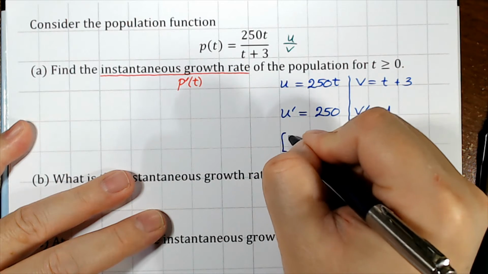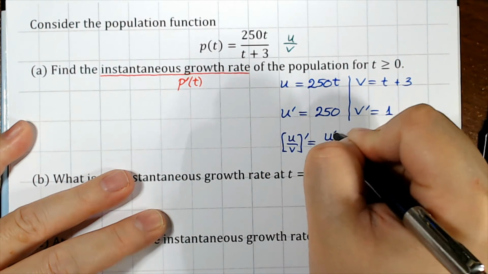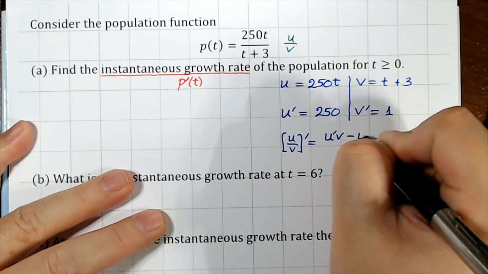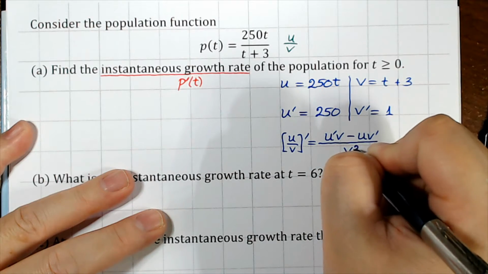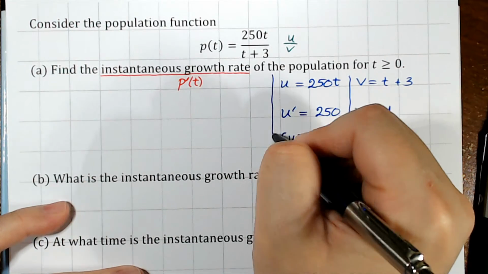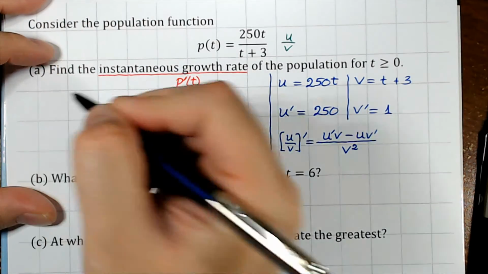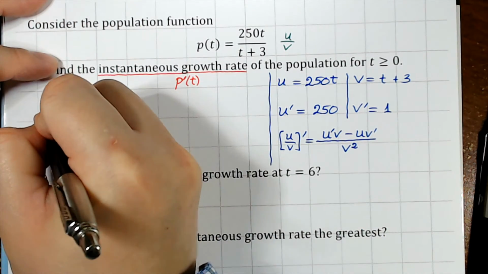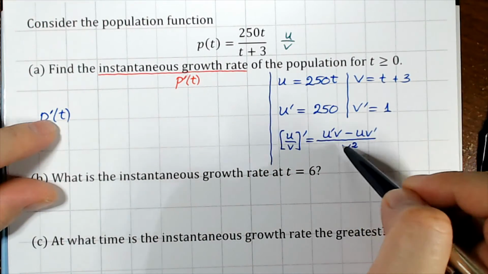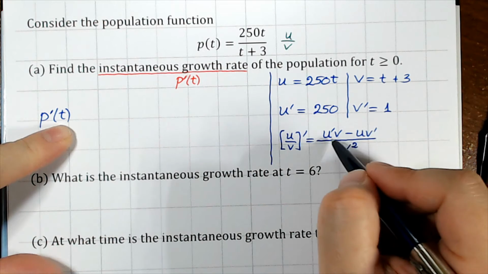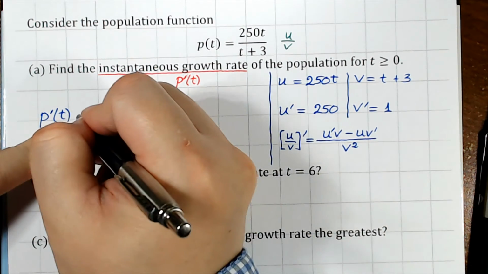And then the derivative of a quotient is u prime v minus u v prime over v squared. So that's what we're going to have.